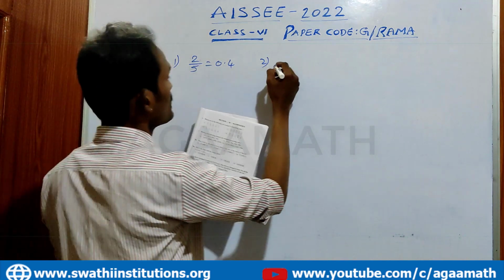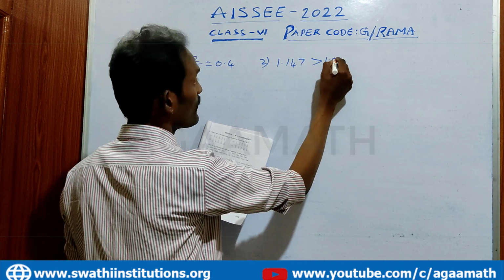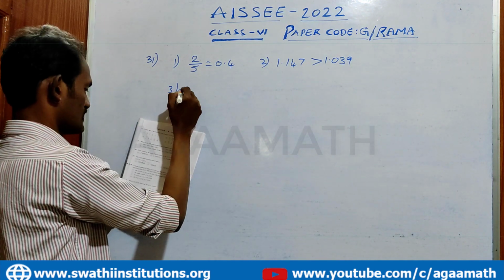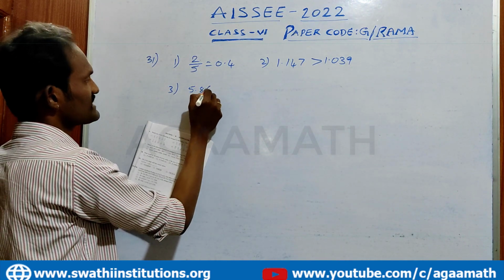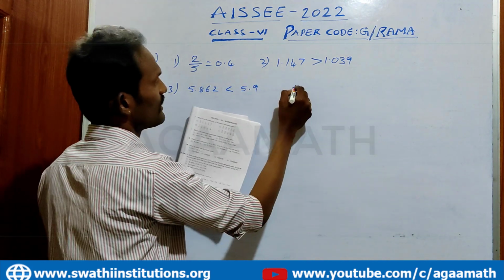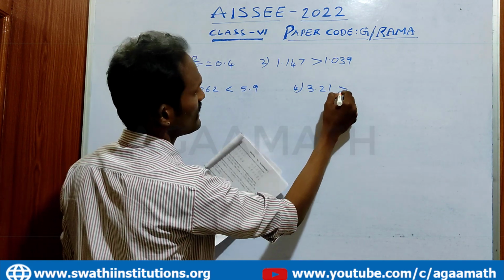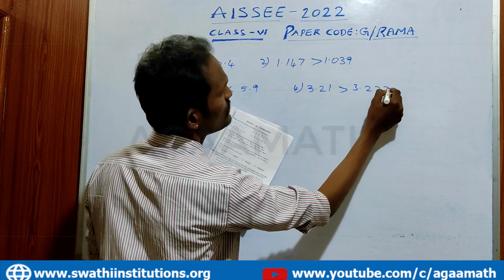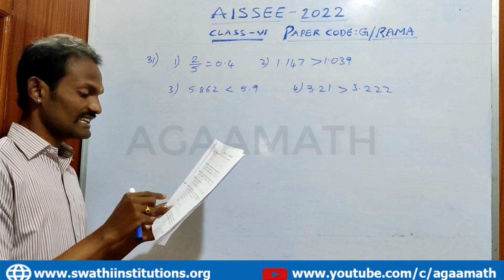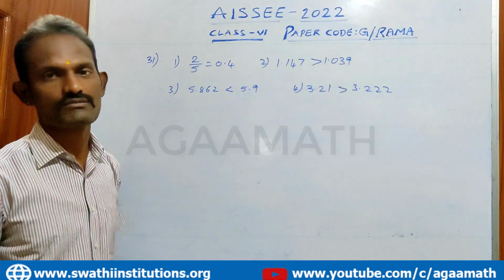Second one is 1.147 is greater than 1.039, and the third option is 5.862 is less than 5.9, and the fourth option is 3.21 greater than 3.3222. So here we have to find which is the incorrect option. Incorrect means the given relation should not be satisfied.